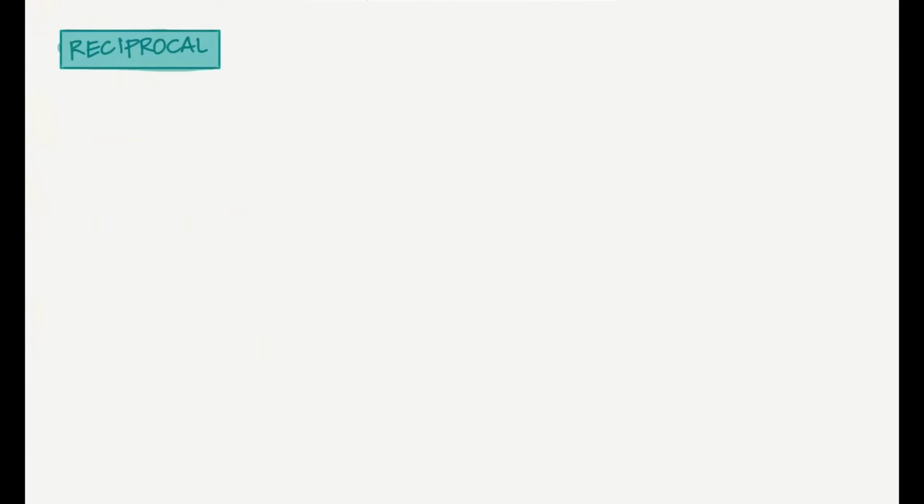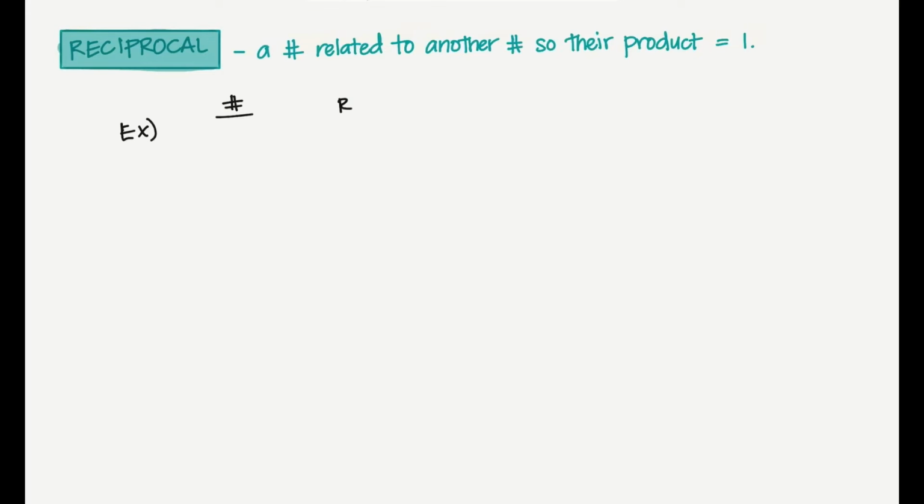So let's go ahead and move on now to the term called a reciprocal. A reciprocal is simply just a number that's related to another number so that their product equals 1. Okay, so it changes for every single problem, but it's like a magic number that when you multiply the two numbers, they equal 1.